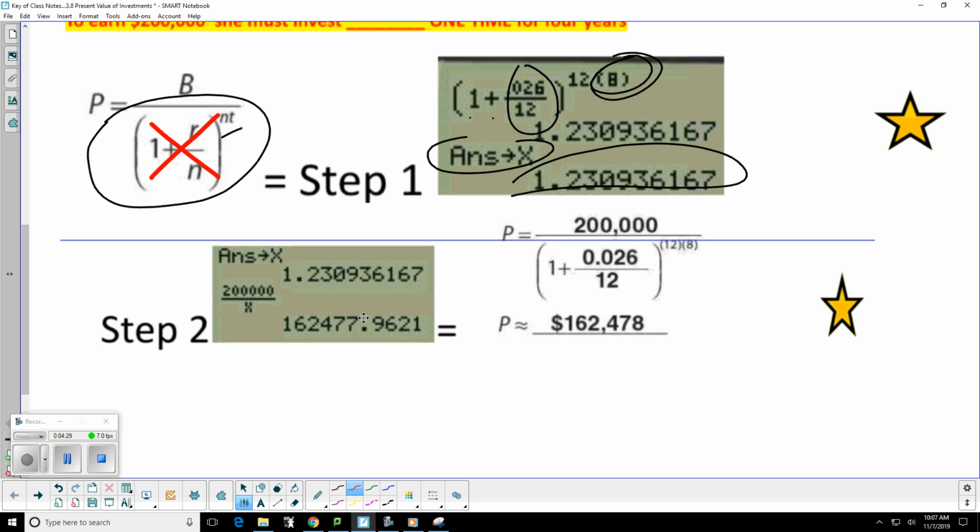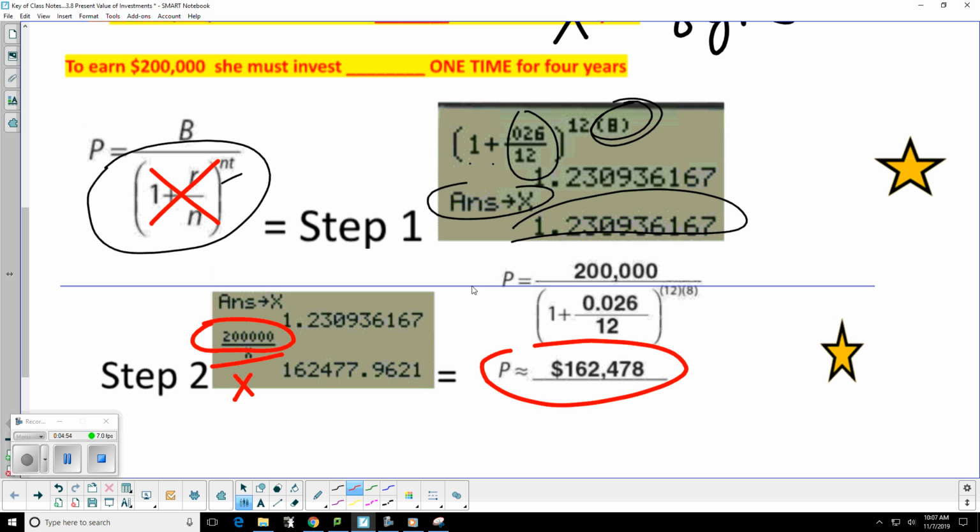In my numerator, I put the $200,000 investment, so $200,000 divided by X. And what I see is that my final number is $162,478 needing to be invested in order for me to earn $200,000 in 8 years.